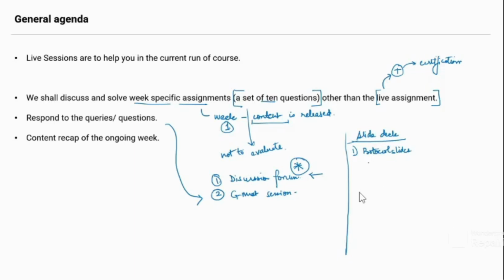Now these slides pertain to the course overview. They also talk about the marking criteria, the certification criteria, and critical dates.